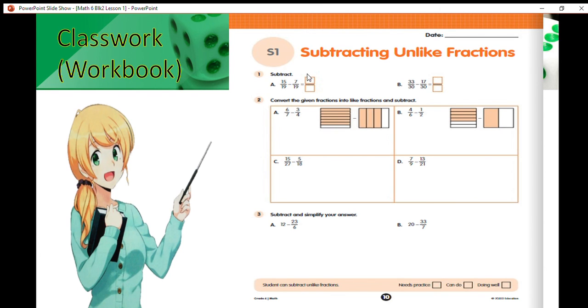We just copy the denominator and subtract the numerators. In number 2, A and B, you need to use the rectangular strip. In C and D, you need to perform it. And in number 3, the whole number turns into a fraction over 1.